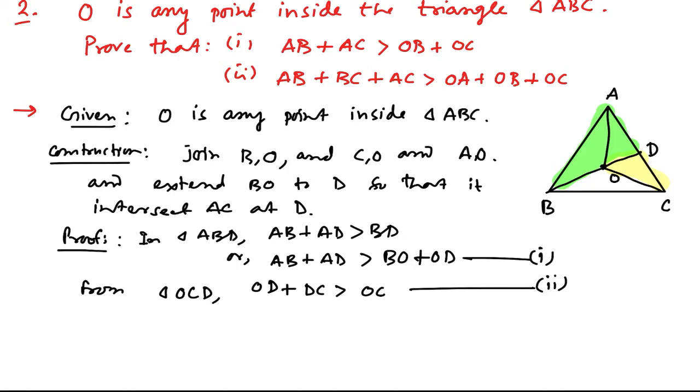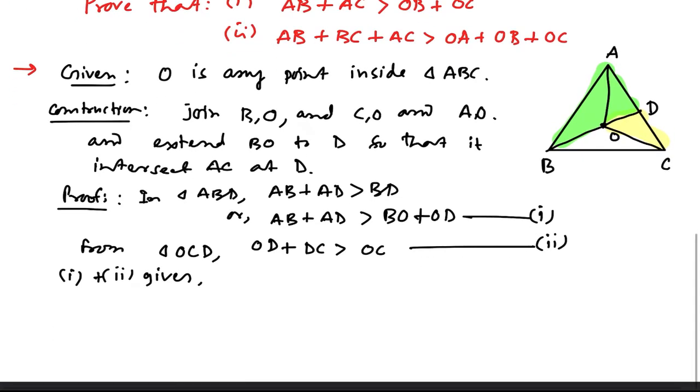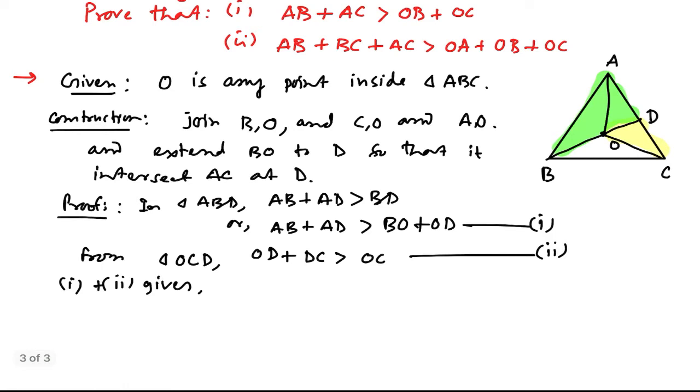Adding these two, 1 plus 2 gives AB plus AD plus OD plus DC, that is greater than BO plus OD plus OC, okay.